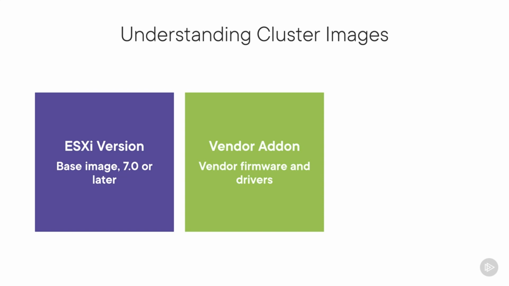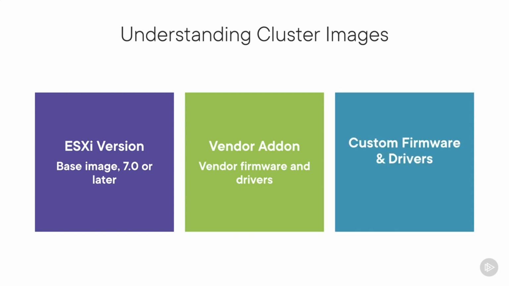It could be drivers for a network interface card that came on that Dell server. Or it could be, let's say, the Dell OpenManage tools that Dell recommends you install on each ESXi host so that you can manage those with the Dell management software. Again, these are just some examples of vendor-specific add-ons.